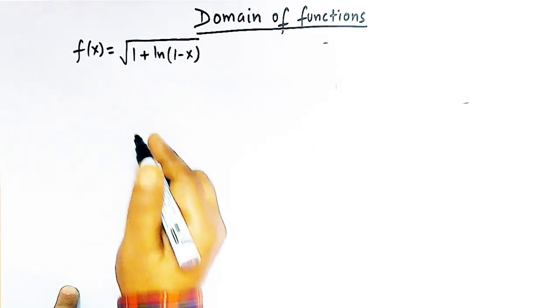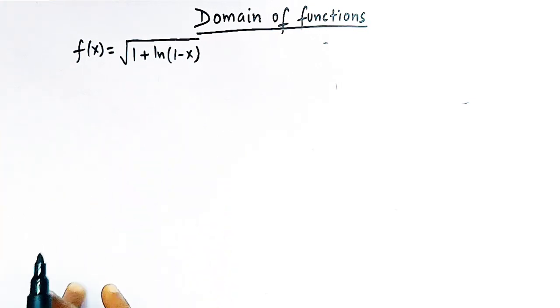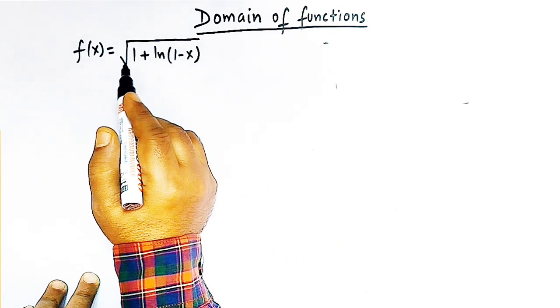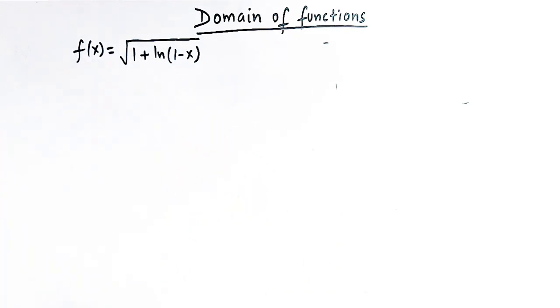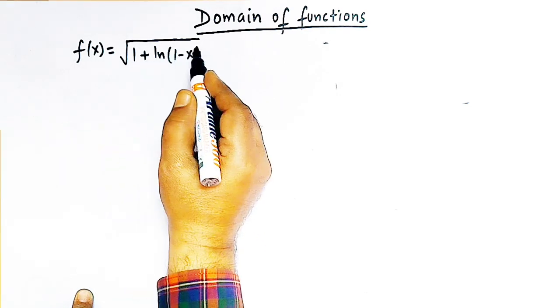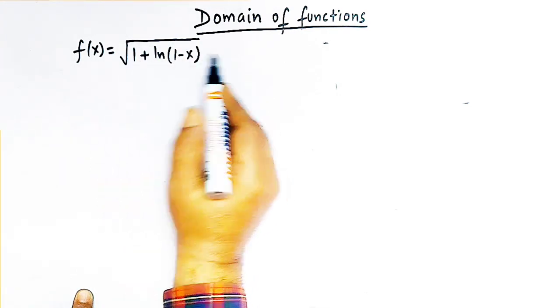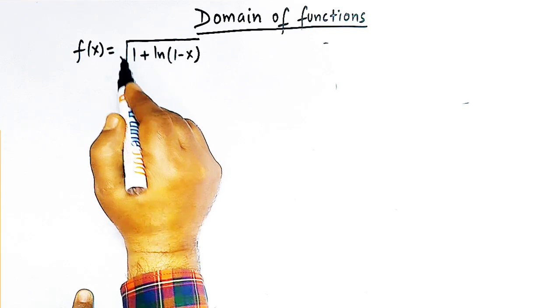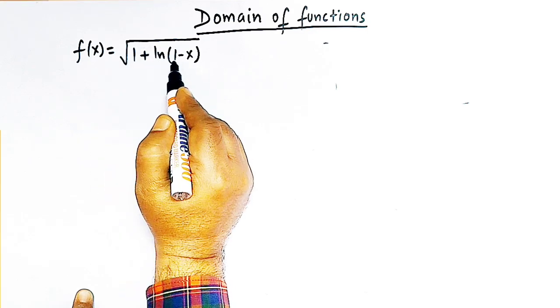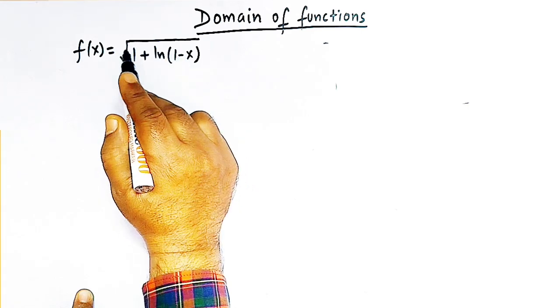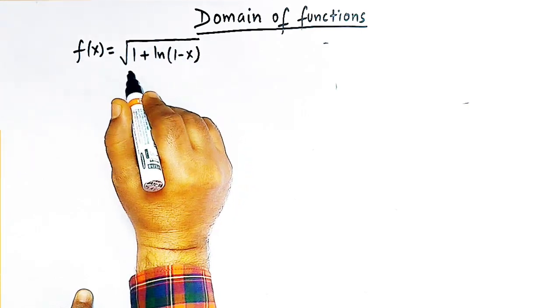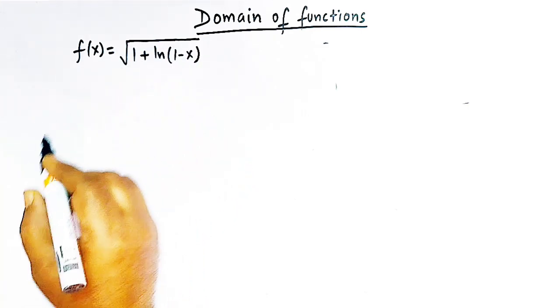So now we have to find all the valid values of x for which this function f of x is defined, right? The first thing to keep in mind is that the term inside the square root sign must be greater than or equal to 0.